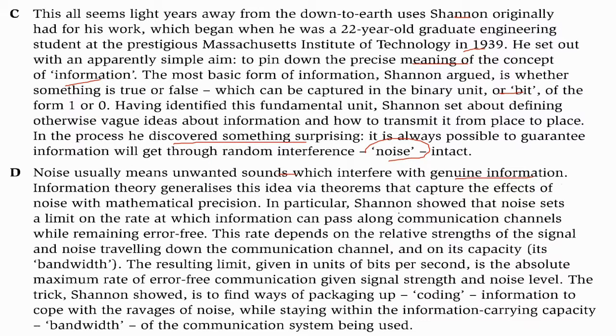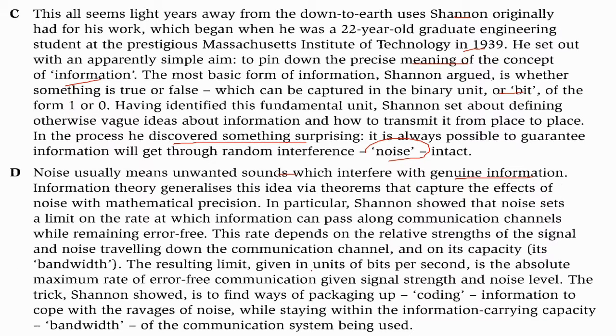In particular, Shannon showed that noise sets a limit on the rate at which information can pass along communication channels while remaining error-free. This rate depends on the relative strength of the signal and noise traveling down the communication channel and on its capacity, that is, its bandwidth.